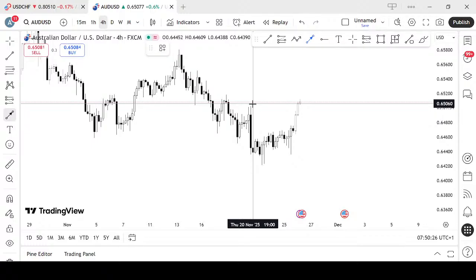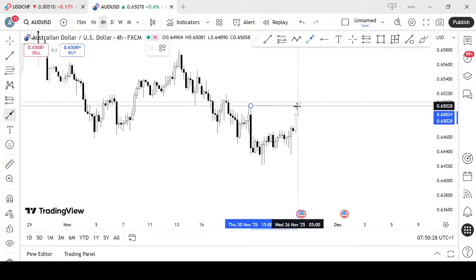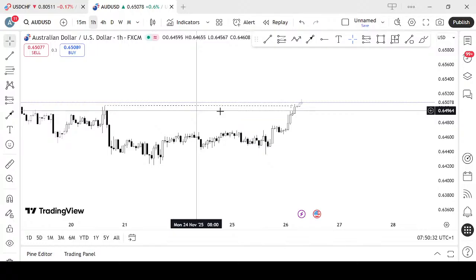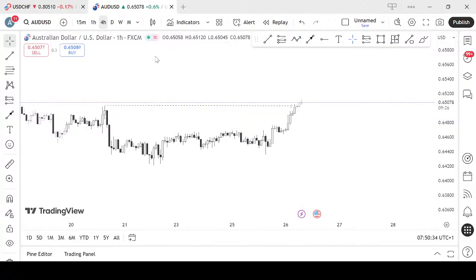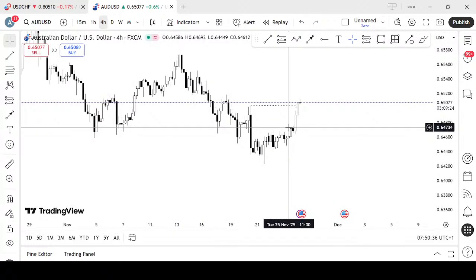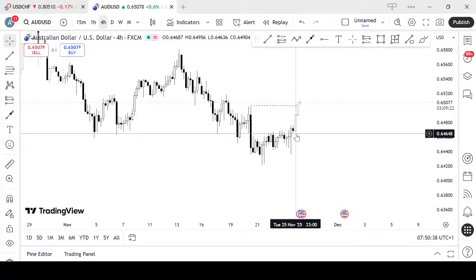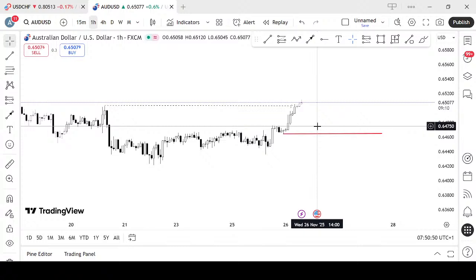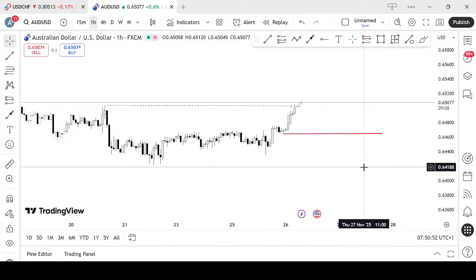So yeah, that's the last break to the upside, and that move started from this low here. So this is the protected low, and this is the new high we formed. So within these, you'll be looking forward to see a little reversal, then the confirmation to take a buy position.